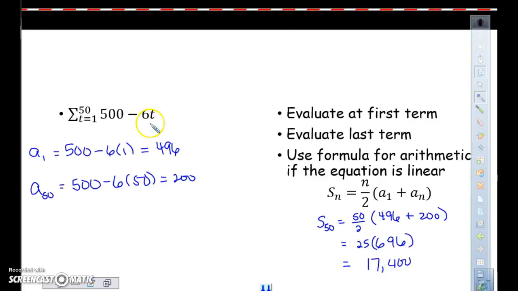Now notice that this has a slope of -6, so it makes sense that my first term is bigger than the last. It's going down, if you looked at the actual associated sequence.